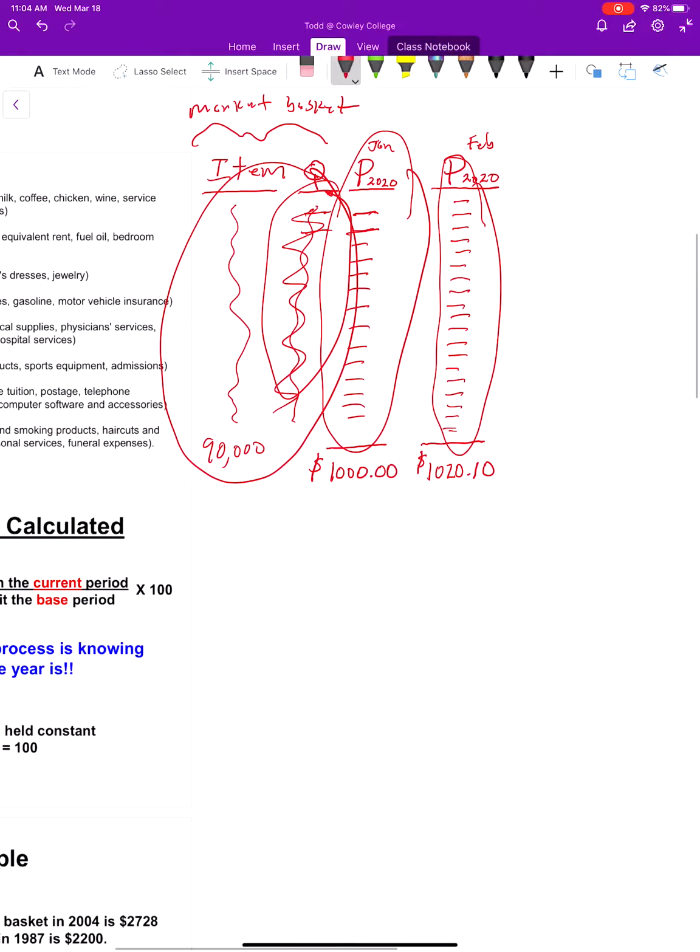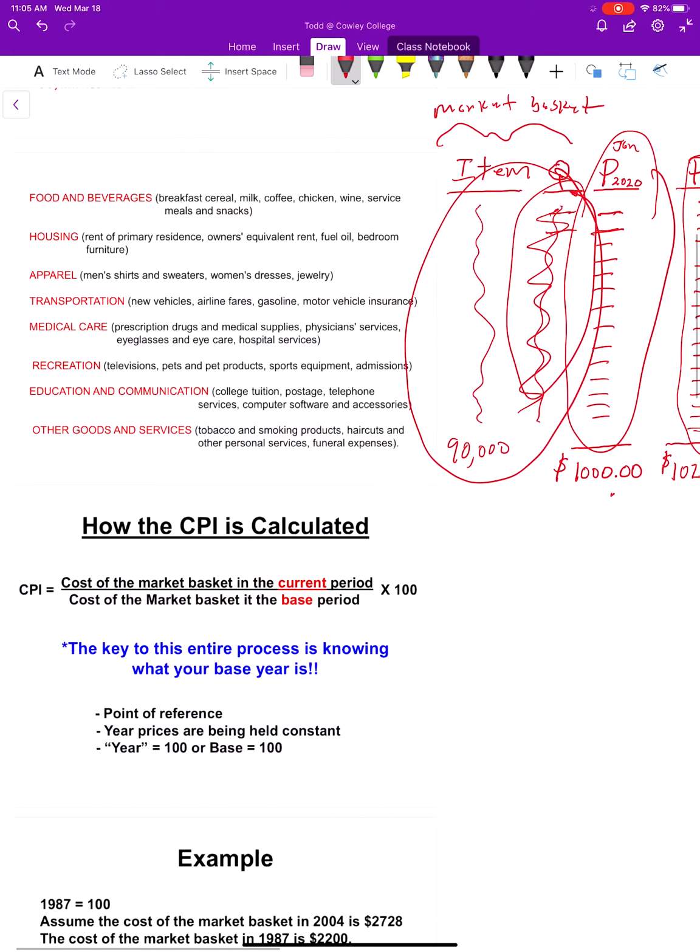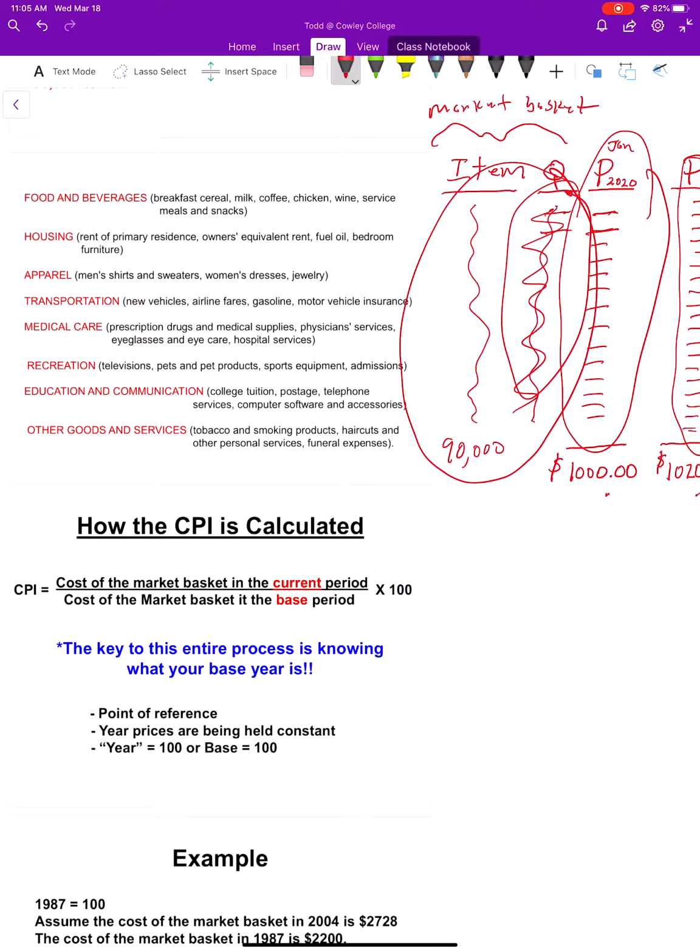In March of 2020, they will go out and do exactly the same thing again. By doing this, they will be able to track these prices over time, and they will be able to tell how much these prices are actually changing. So that's the very basic idea of what the Bureau of Labor Statistics does.